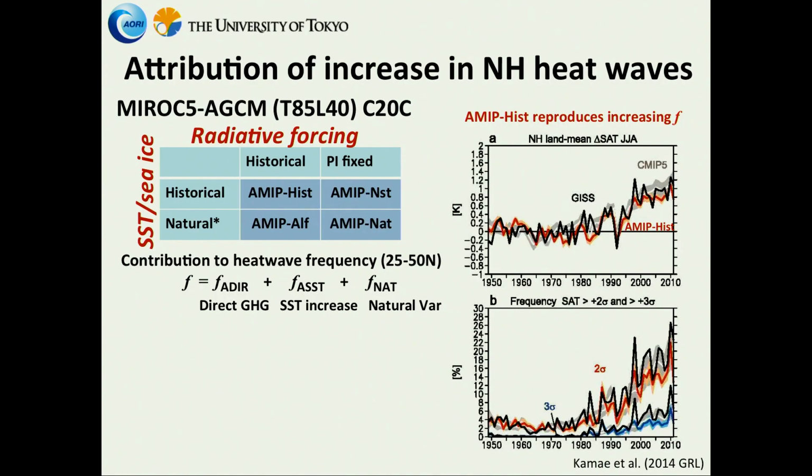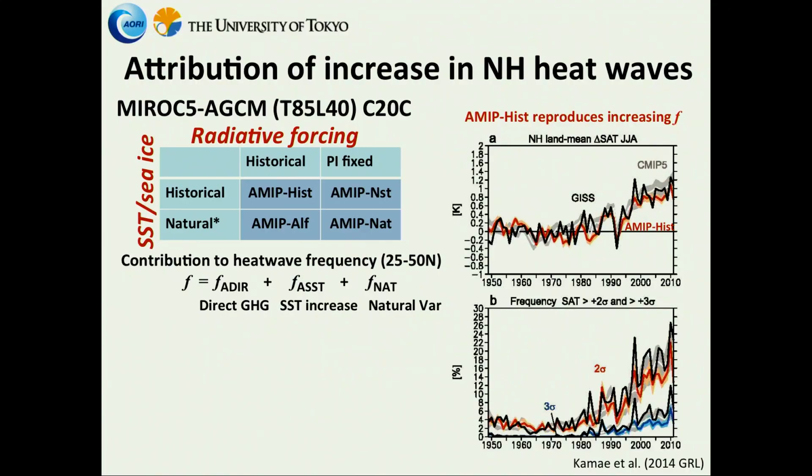So this is another study using AMIP type of simulation with and without the anthropogenic effect, and I try to see the frequency of heat waves over the land, and then try to separate the different contributions. There is the SST contribution that includes the anthropogenic warming, and then the CO2 contribution, that is a local change of the heat balance.